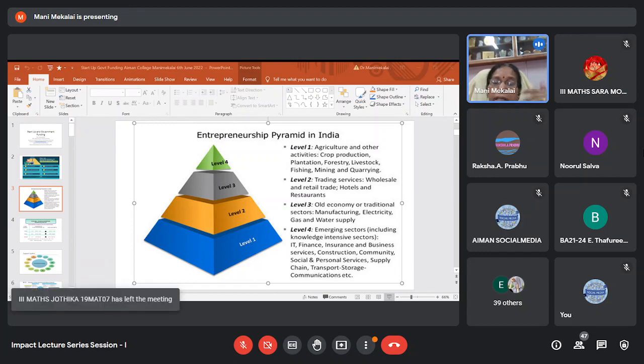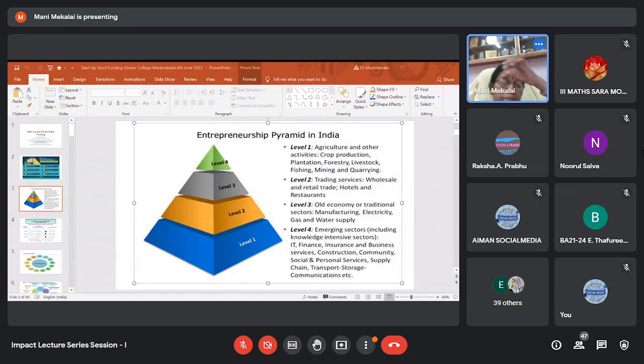And then if any issues of accident or admitting to the hospital, then the insurance sector will take it up. So these are all the various areas in which services are being delivered.